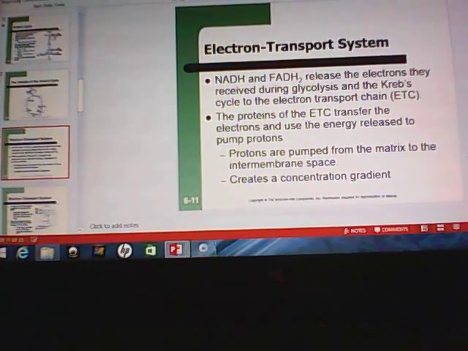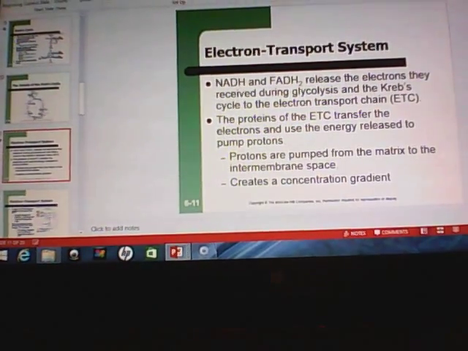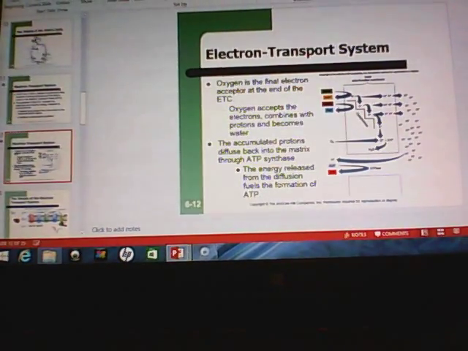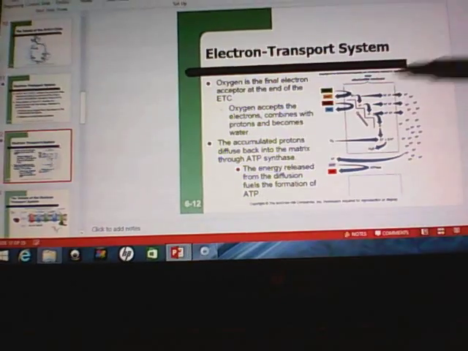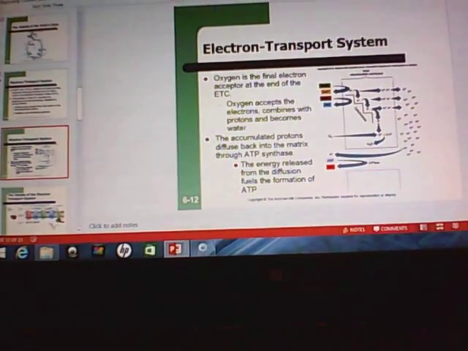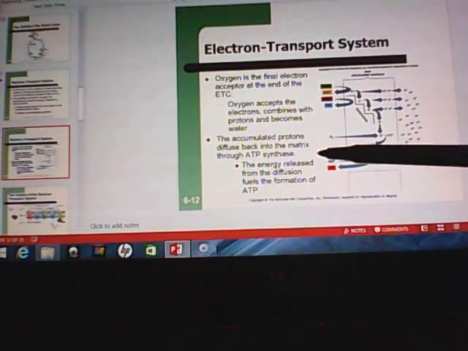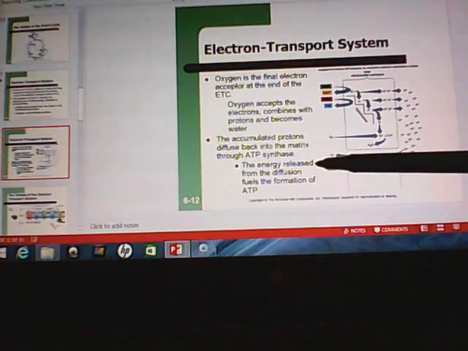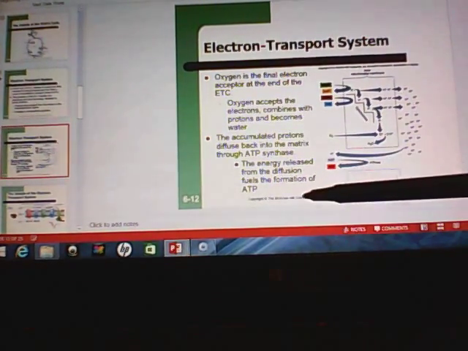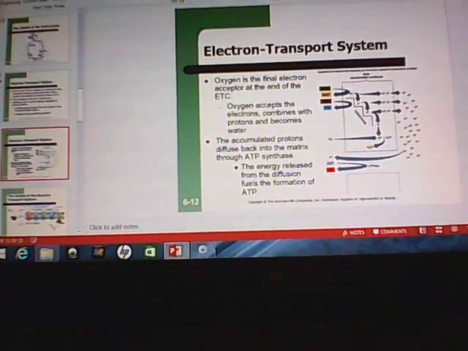They go to the ETS, and they create the most ATPs. Another key factor to note is that oxygen is the final electron acceptor. That is very important. The enzyme used here is ATP synthase, and that is what allows ATPs to be formed.